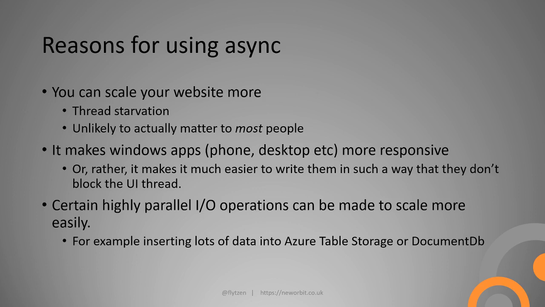But if you have 400 or 500 concurrent users, you'll probably find that a single core will have enough threads to serve all of them simultaneously without you having any problems. So in truth, unless you are in the top few percent of websites, it's unlikely to be a problem for you in the real world. Async doesn't make it fast on its own; the scalability is there, but you probably don't need it unless you are one of a very few select people.